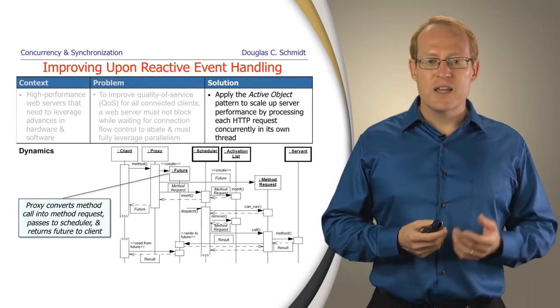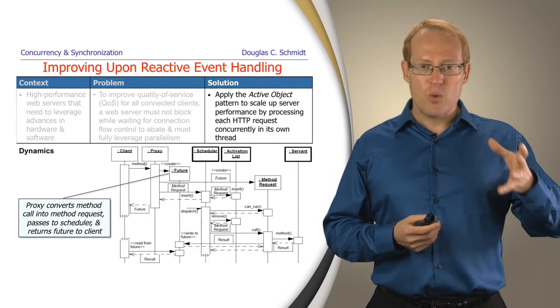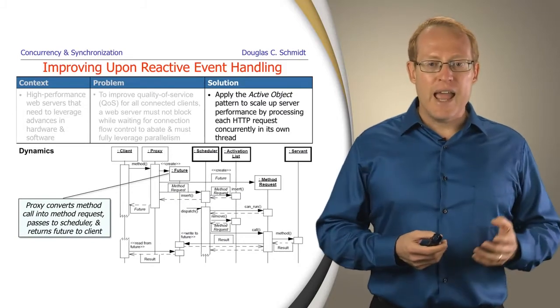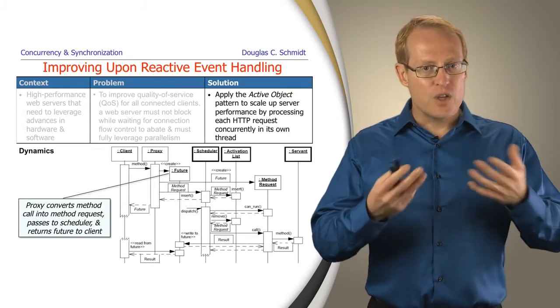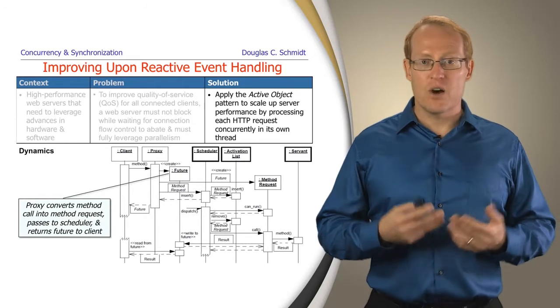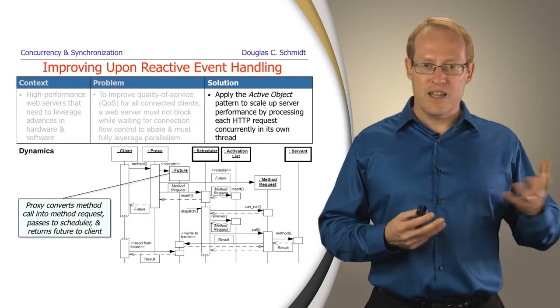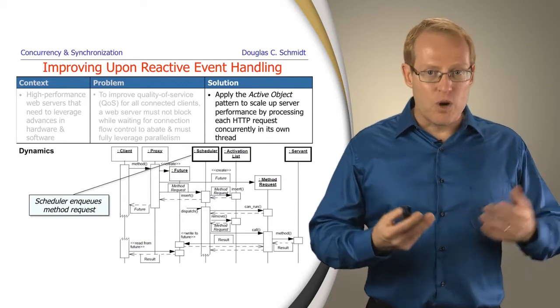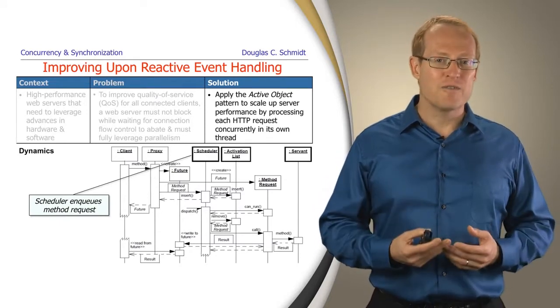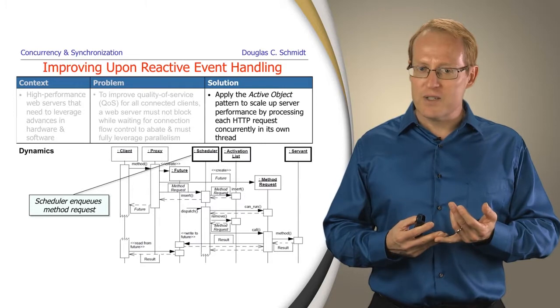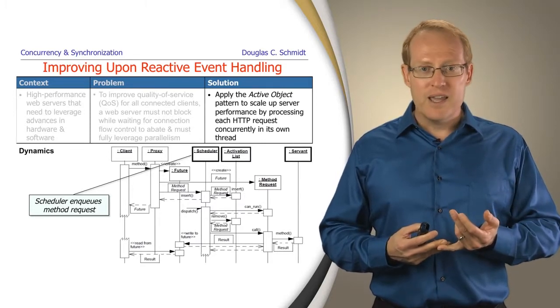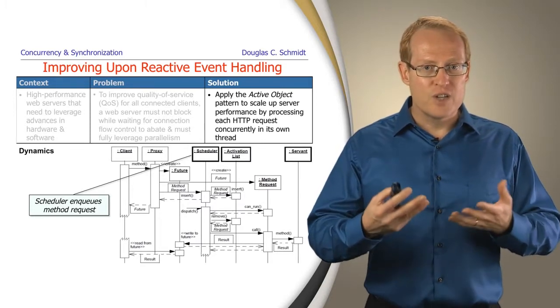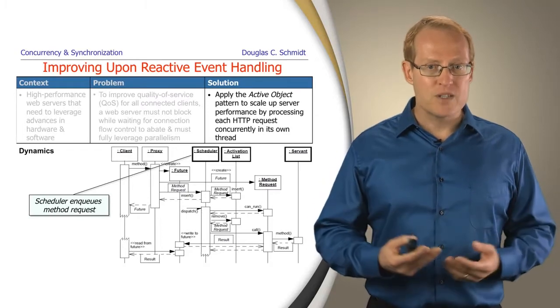What happens next is that the method request is then passed to the scheduler, and the scheduler then enqueues this method request on an activation list, and it gives back the future to the client. And then at some point down the road, and this depends on a variety of different factors. It depends on scheduling constraints that the scheduler may know about. It may depend on certain guard conditions that the method request knows about.